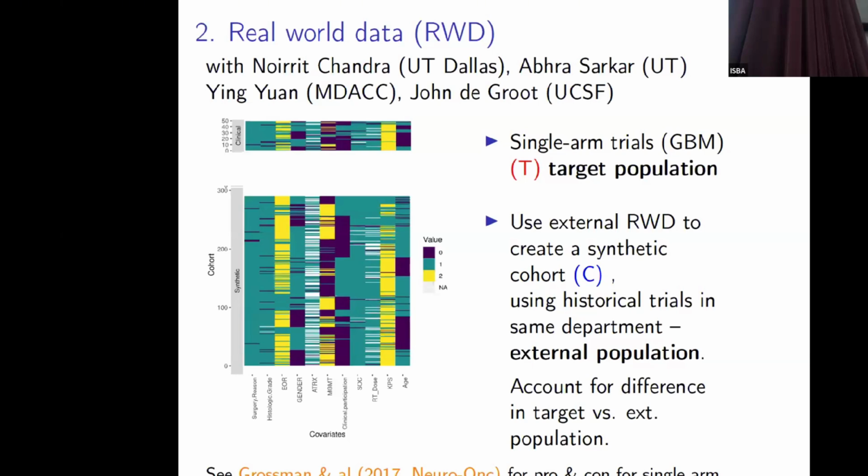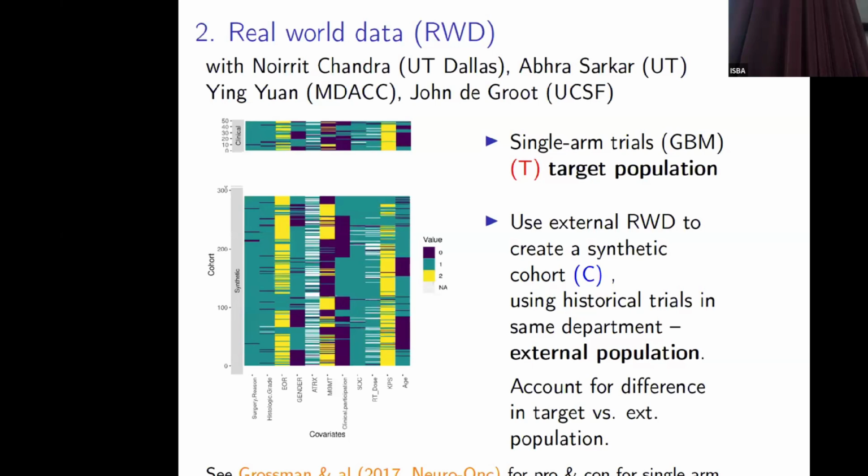And the name of the game is that we want to massage the external data in such a way that the distributions of the baseline covariates are very comparable. Because then, after the appropriate reweighting, you can use the external data for a synthetic control arm. That's exactly what I talked you through.